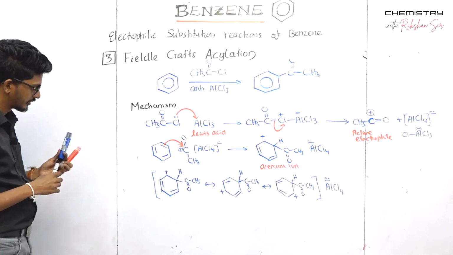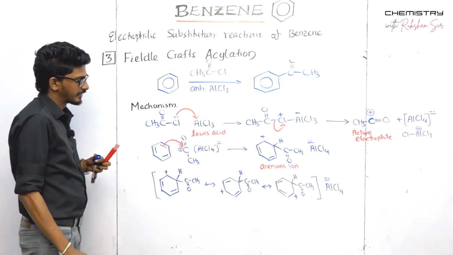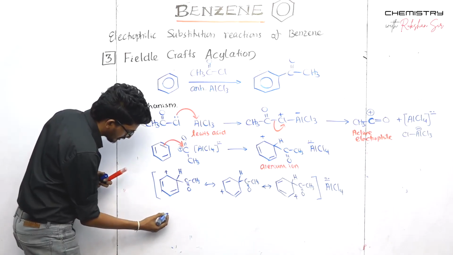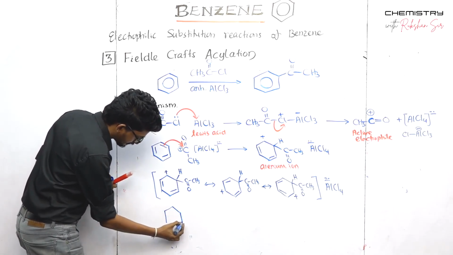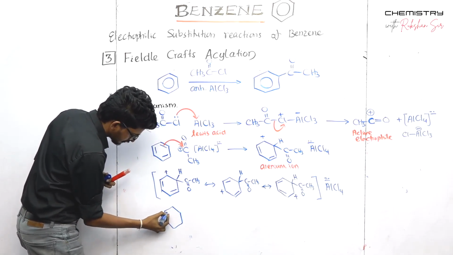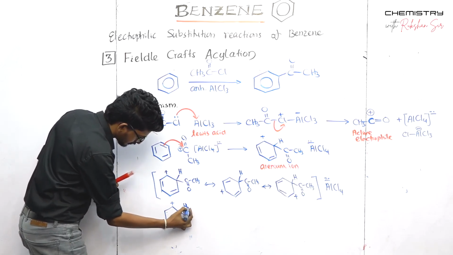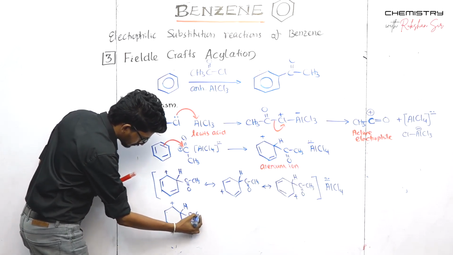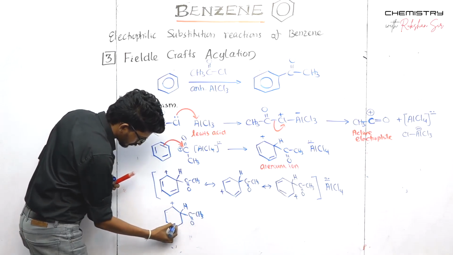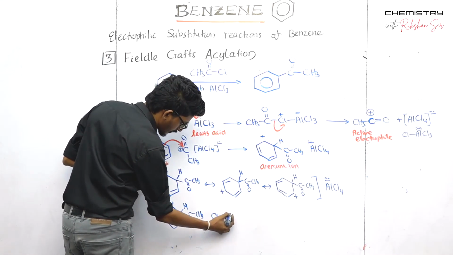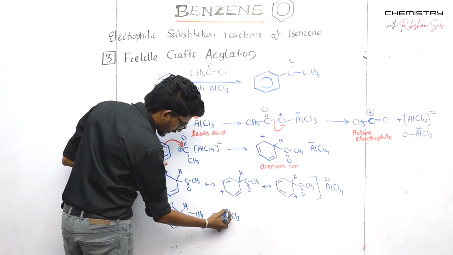Finally, the fourth step, regeneration of the catalyst with the formation of the major product. Formation of the major product, right? You have the Cl, AlCl3, right?